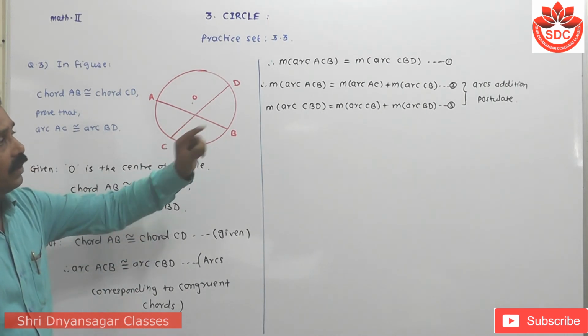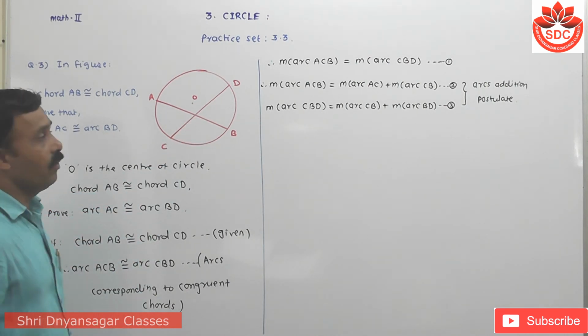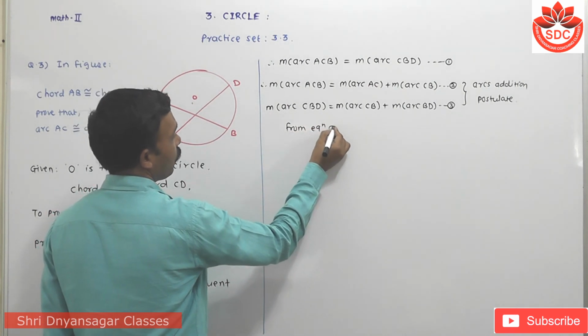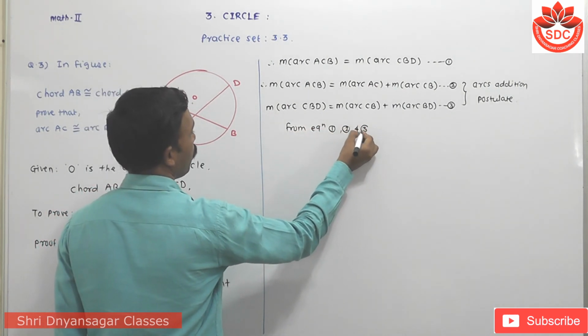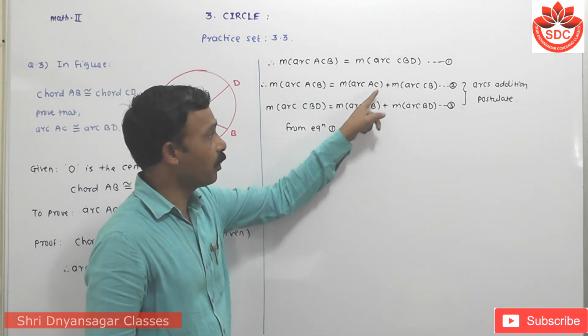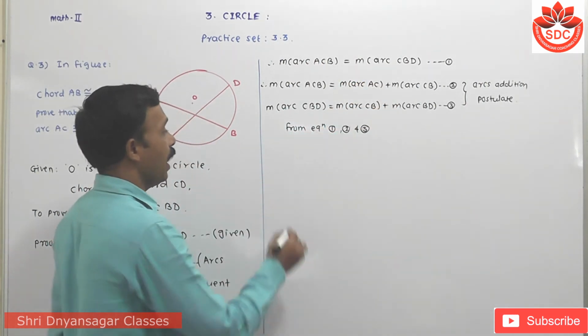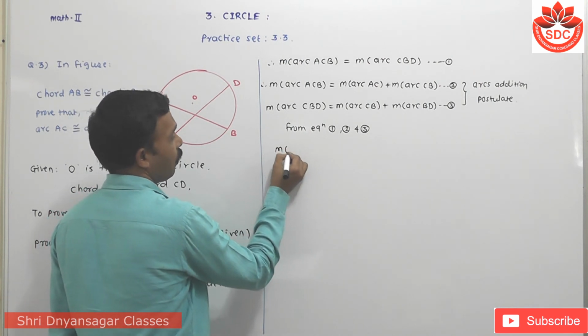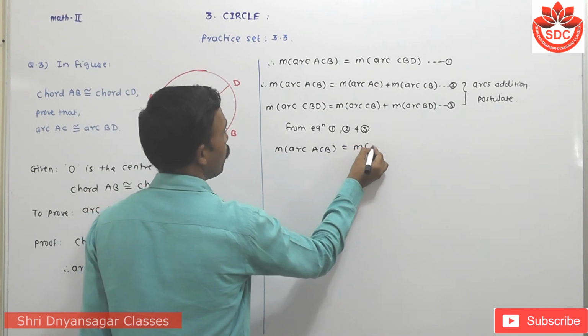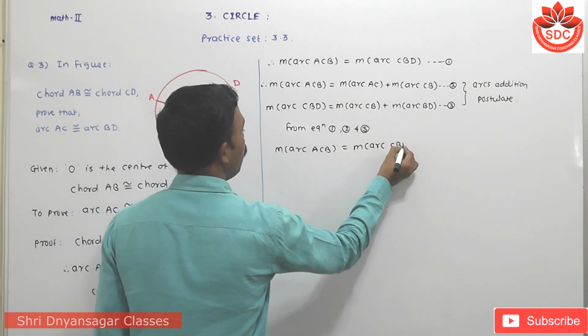Then from equations first, second and third, we observe that these two arcs are equal, which means their corresponding parts are also equal. So the measure of arc ACB is equal to the measure of arc CBD.